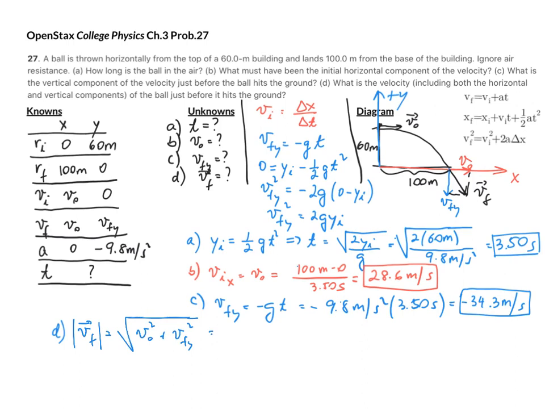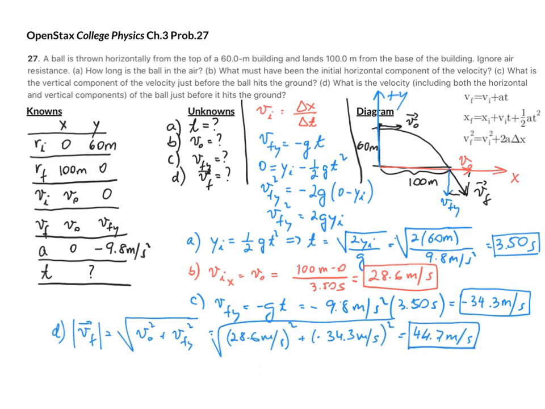So that is, where's my v naught? 28.6 meters per second quantity squared, plus negative 34.3 meters per second quantity squared. Take the square root of this and end up with 44.7 meters per second. So the final velocity, just the magnitude, is 44.7 meters per second.